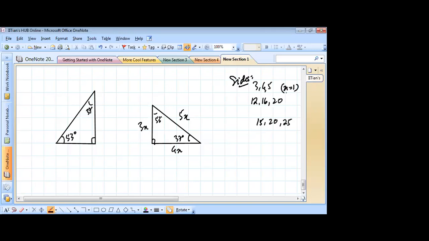Here x is 1, here x is 3, for example, but this is 4. This one x is 5. So right angle triangles whose sides are in the ratio 3:4:5 have these kinds of angles. You can write them as 3, 4, 5, or 3x, 4x, and 5x. Doesn't matter.